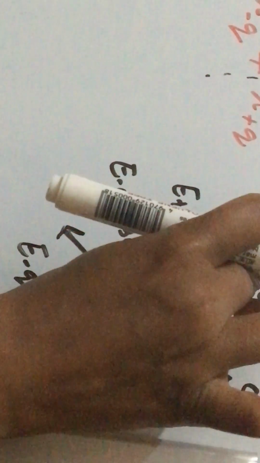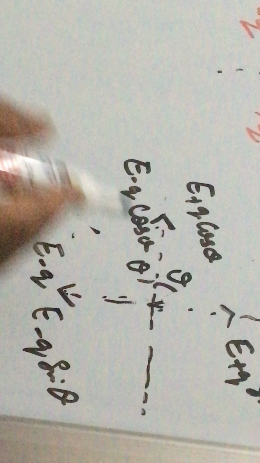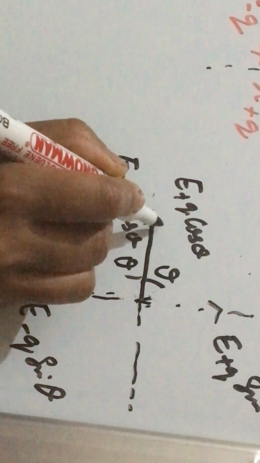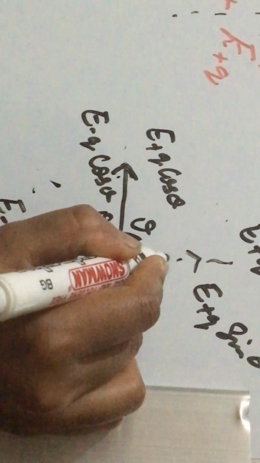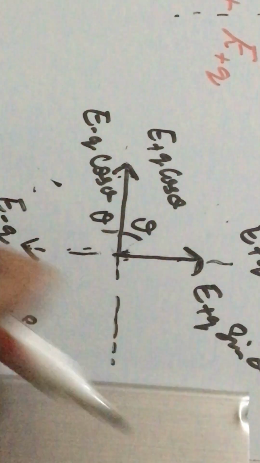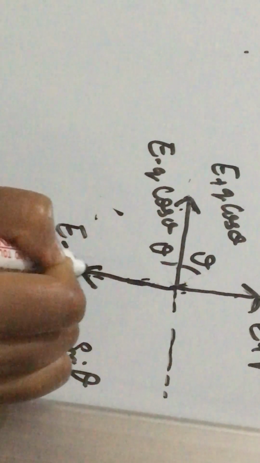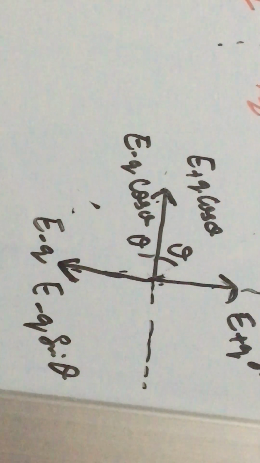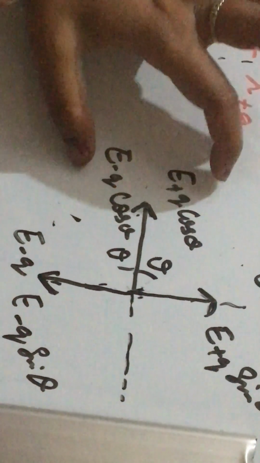That means what? This does not exist. What exists? E plus Q cos theta, E minus Q cos theta, then E plus Q sine theta, and another. So what? We had two directions. Now both of them are in the same direction, so we can add them together.